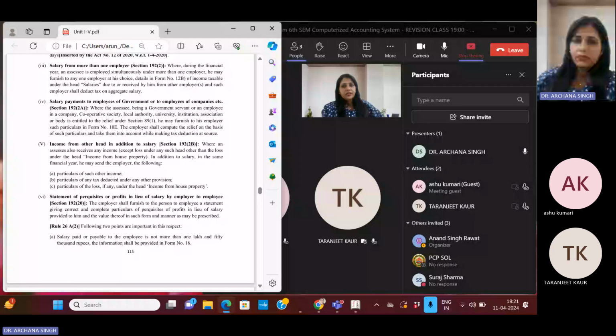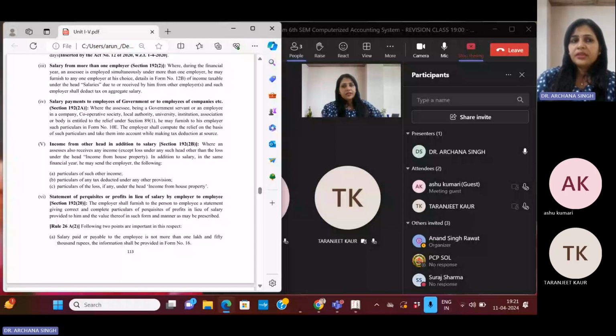So the employer here should furnish the details to an employee through a statement giving correct and complete particulars regarding perquisites or profits in lieu of salary provided to him and its value thereof in such form and manner as may be required. He has to provide the complete correct details regarding particulars of perquisites or profits in lieu of his salary.